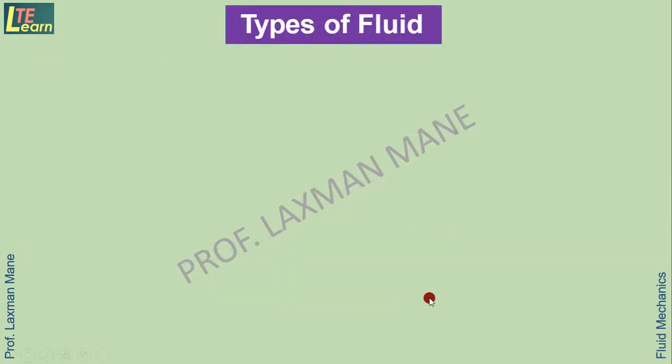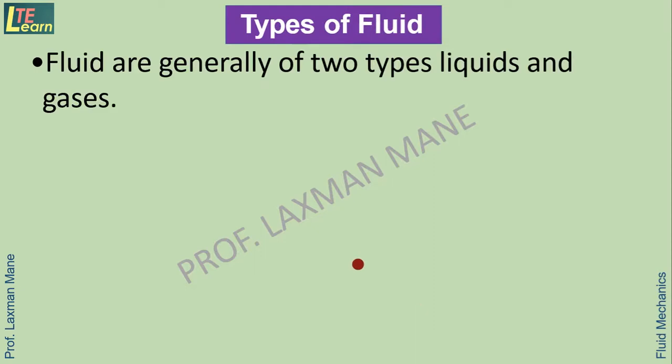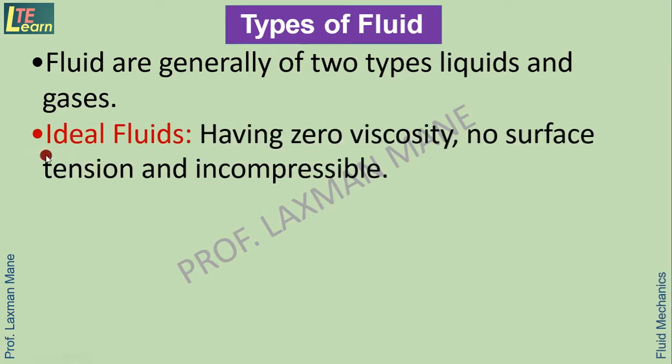Fluids are classified in different ways. Generally, fluids are of two types, liquids and gases. In another way, fluids are divided as ideal fluids and real fluids. Ideal fluids are fluids which have zero viscosity, no surface tension and are incompressible.